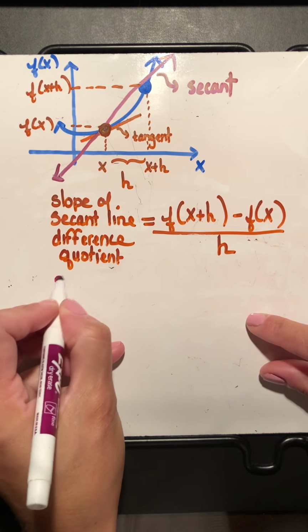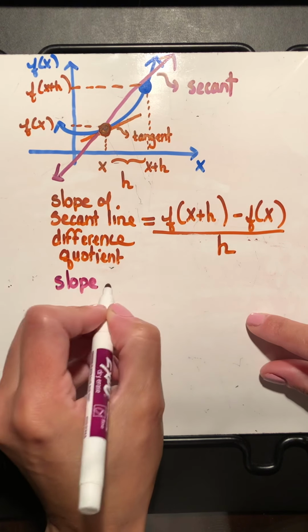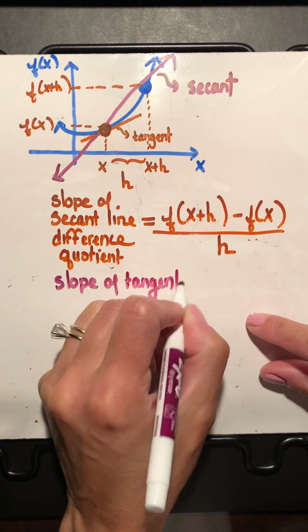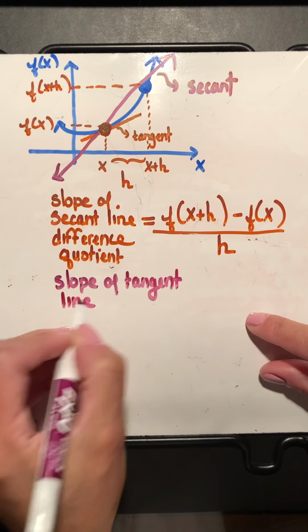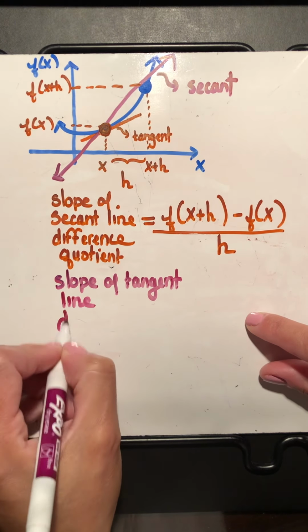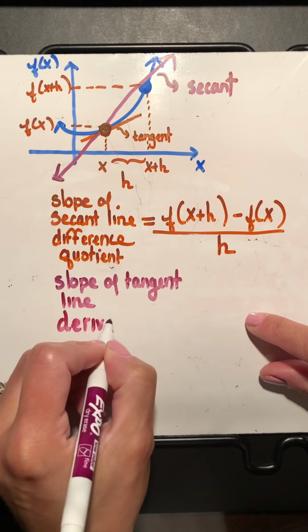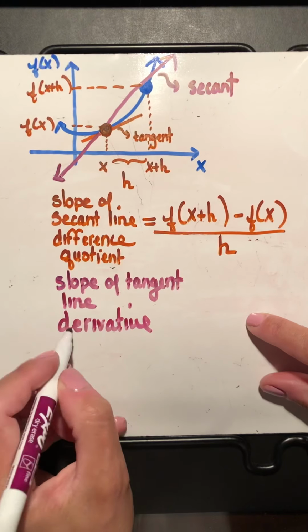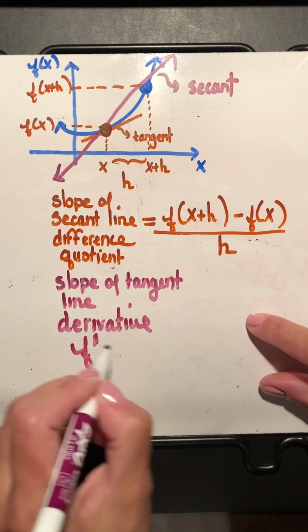So the slope of the tangent line is otherwise known as the derivative of the function. And remember that we denoted the derivative with this notation here.